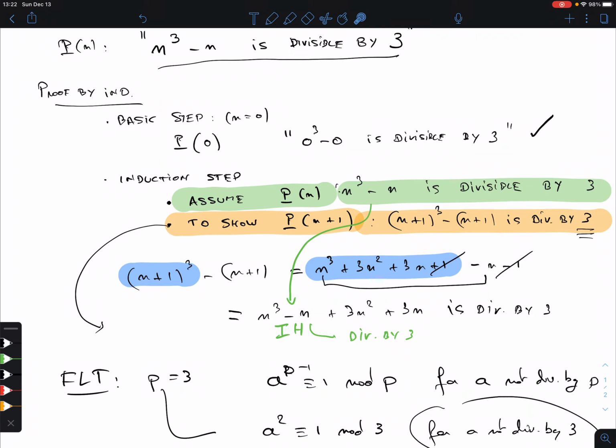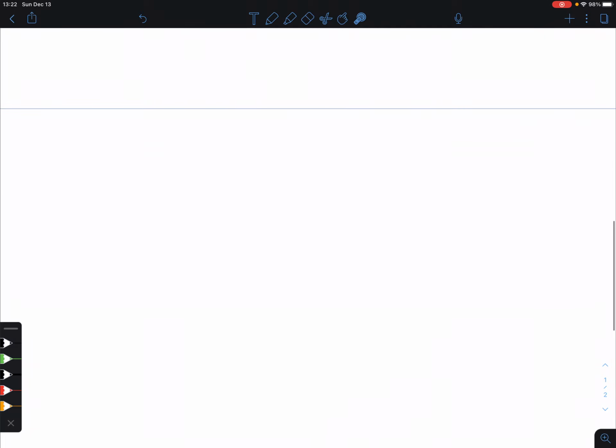Okay, so another one, a bit harder to work with. It's less straightforward in that you need to do a little clever thing. And so this is the one here: 7^(n+2) plus 8^(2n+1) is divisible by 57.